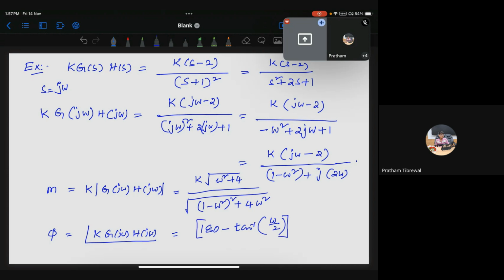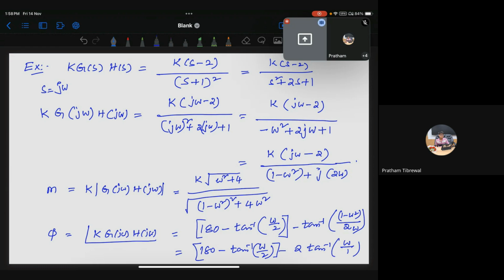Okay, so the numerator and the denominator: tan inverse of (1 minus omega square) whole square by 2 omega. Clear? So this I can write further as 180 minus tan inverse omega by 2 minus 2 tan inverse omega by 1. Hope this is clear.